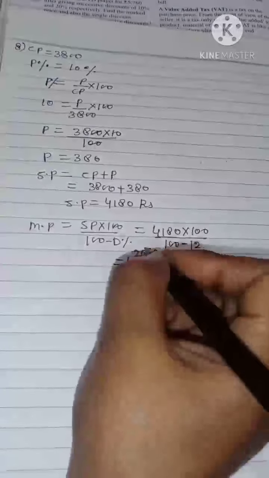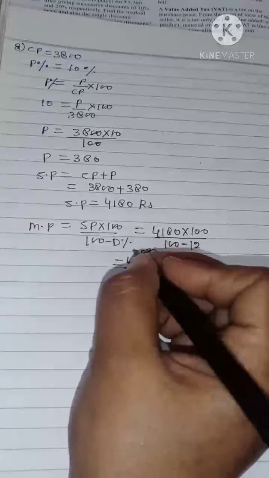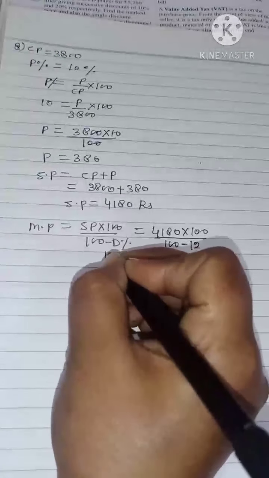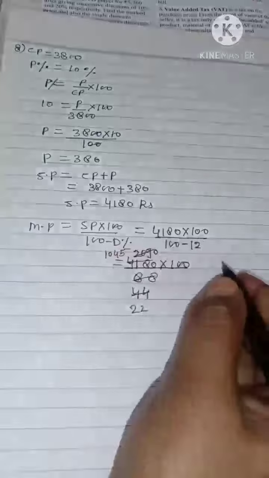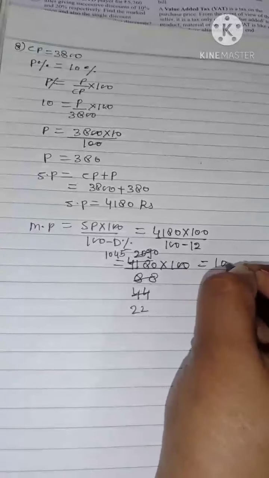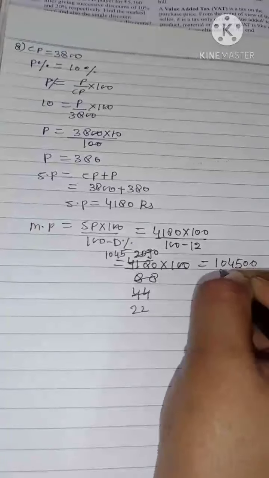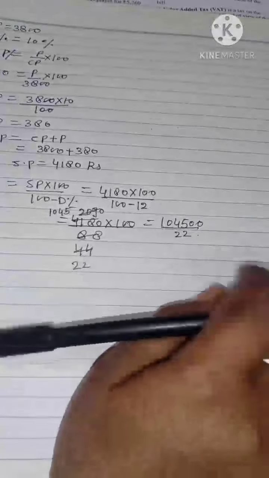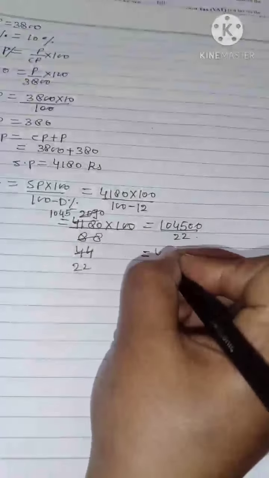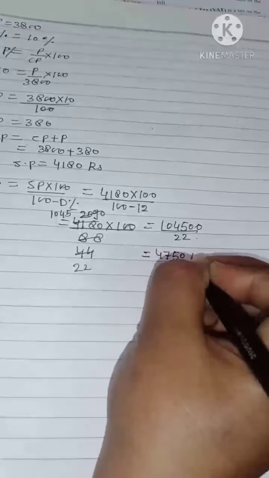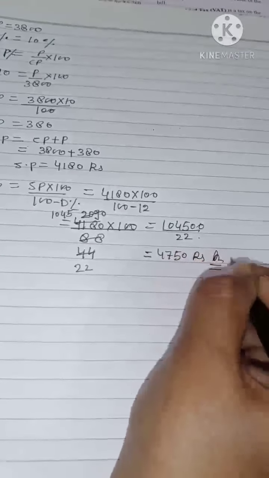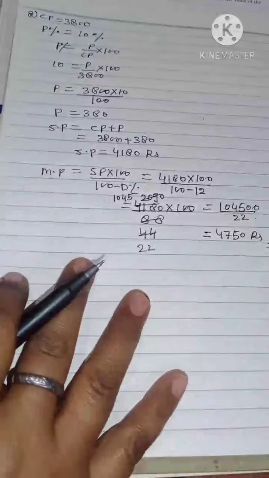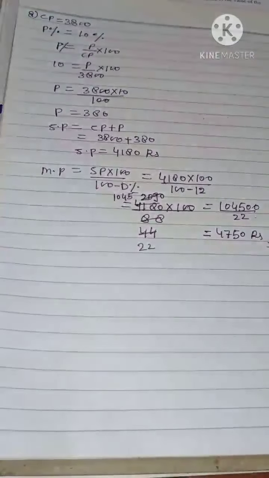And here if you make it cancel by 2, it will be, beta, 1045. Okay, similarly, it will be 104500 divided by 22. And after division, it is coming equal to, beta, 4750 rupees, and this will be your answer. Okay, so in this way you will do this question.